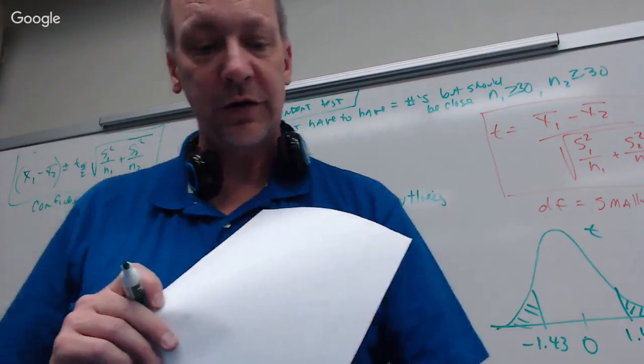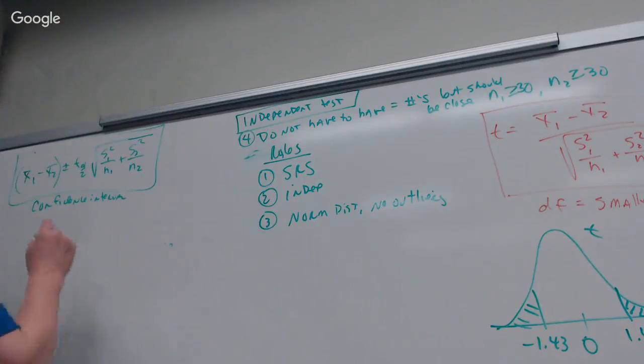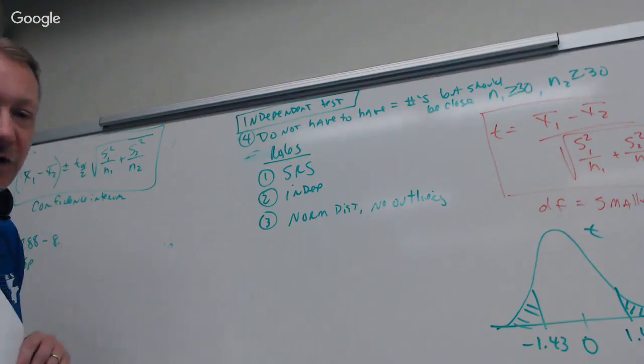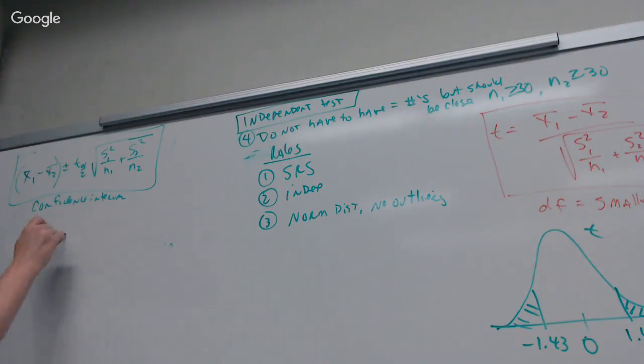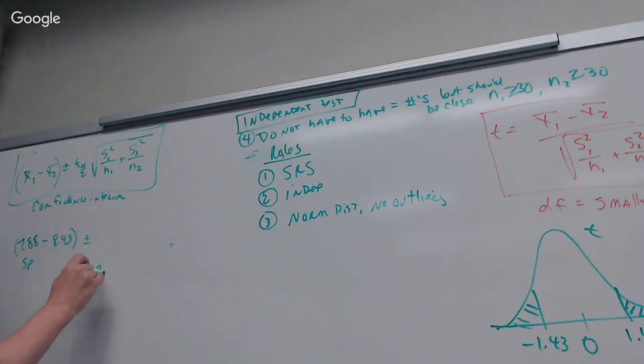Using my information from my spreadsheet, I'm going to get 7.88 for the space rats, minus 8 and, actually, use all your digits. I'm just doing this because we're out of time and I don't want to write all the digits. Plus or minus t sub alpha over 2. Let's assume it's a 95% confidence interval.